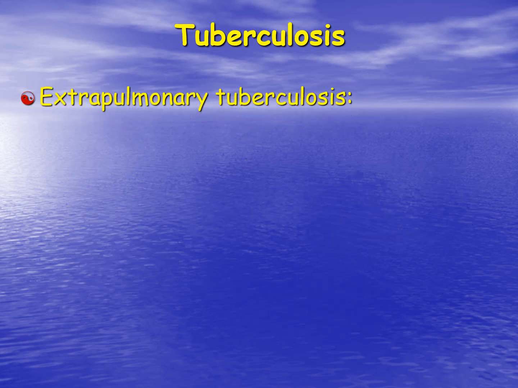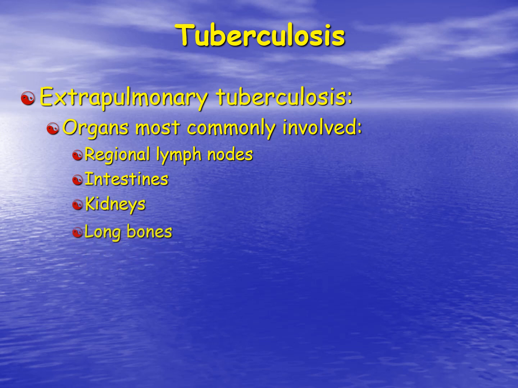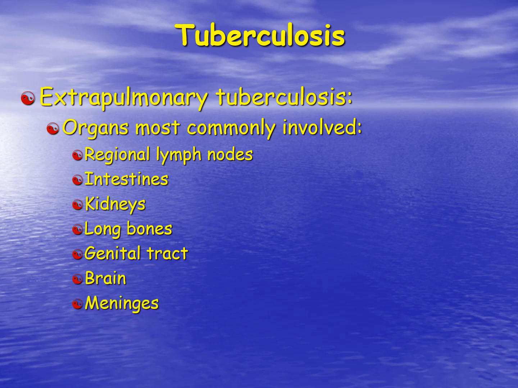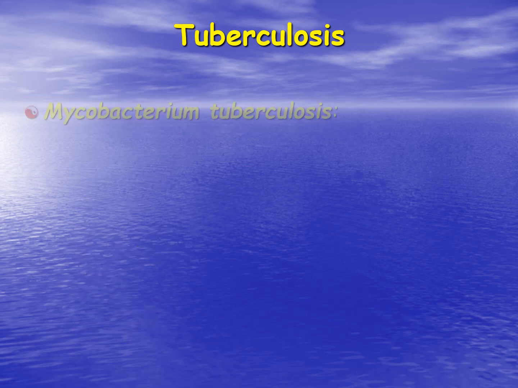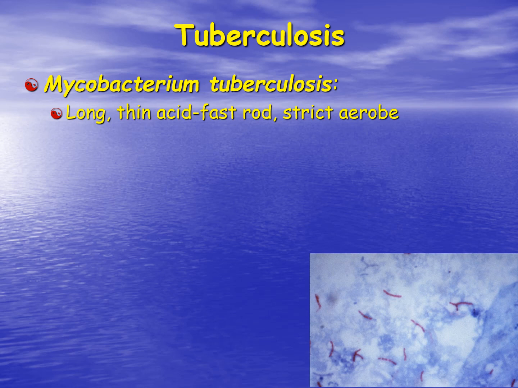Now, extrapulmonary tuberculosis. The organs that are most commonly involved are regional lymph nodes, the intestines, kidneys, long bones, genital tract, brain, and the meninges. Mycobacterium tuberculosis is a long, thin, acid-fast bacterium.